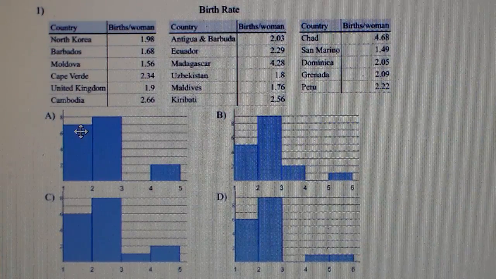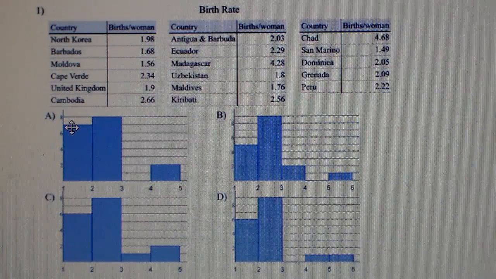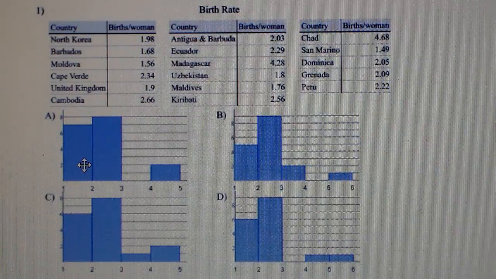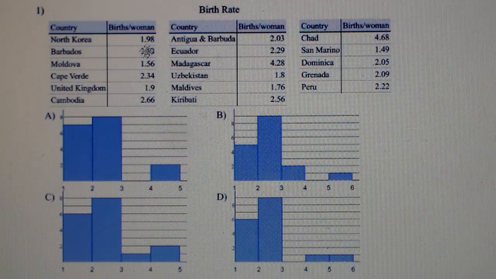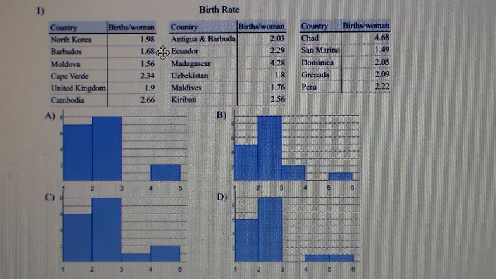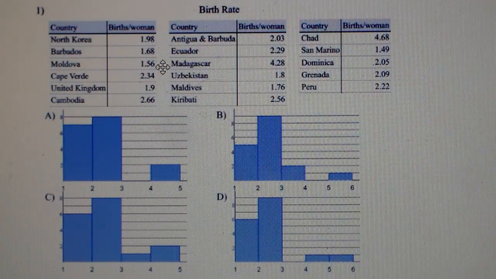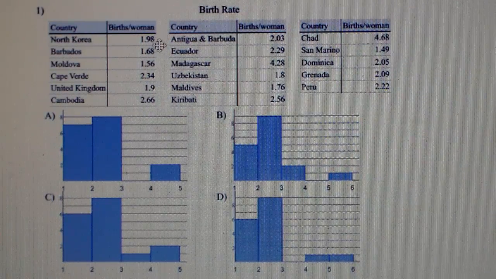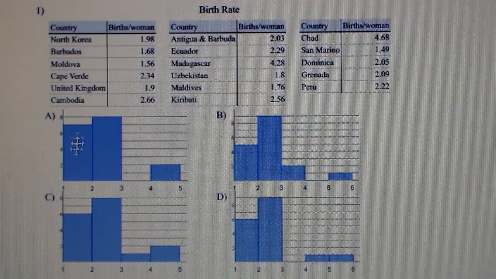So looking at A, this bar goes all the way up to number 7. That means there are 7 numbers between 1 and 1.9999. As you can see, North Korea is 1.98, Barbados is 1.68, Moldova is 1.56. Those 3 numbers are accounted for in this first bar.